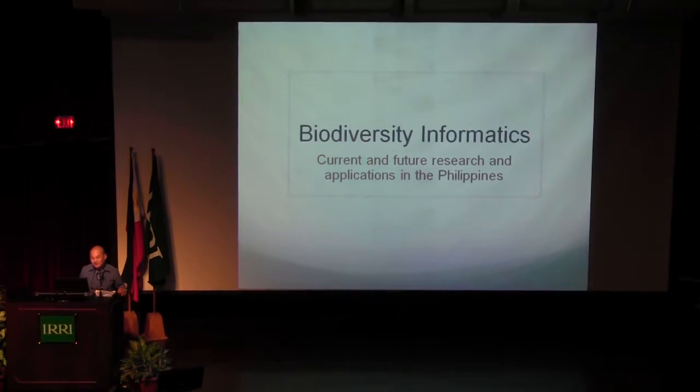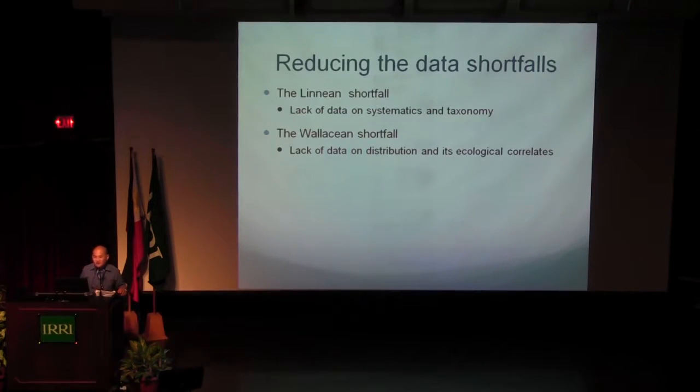So these research questions actually depend on two important data shortfalls in our knowledge of biodiversity, which biogeographers call the Linnaean shortfall, or the lack of data on systematics and taxonomy, and the Wallacean shortfall, or the lack of data on distribution and its ecological correlates.